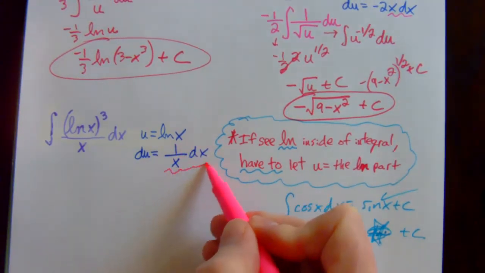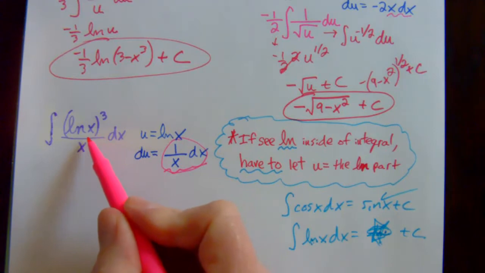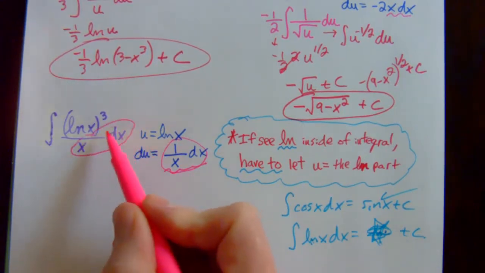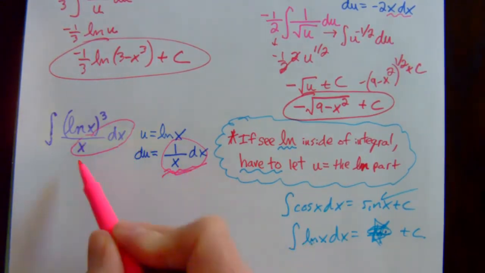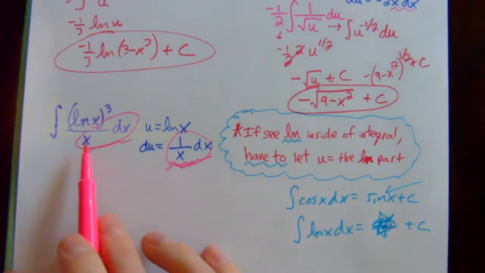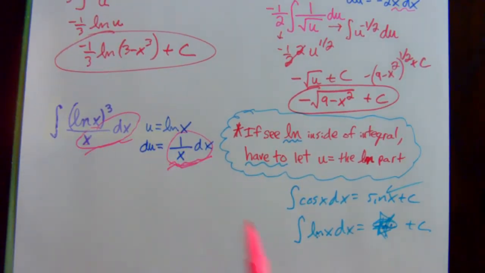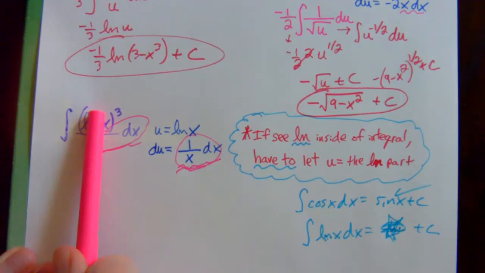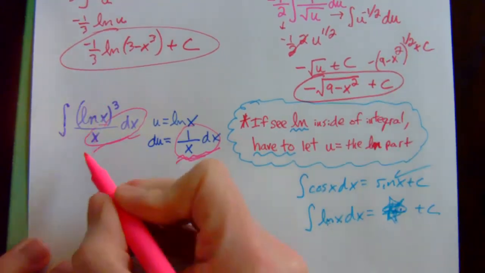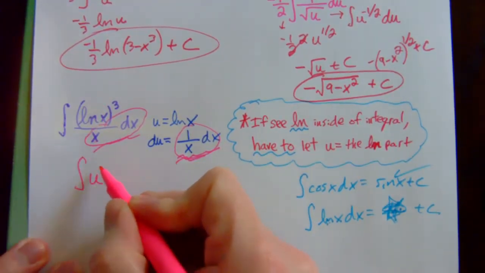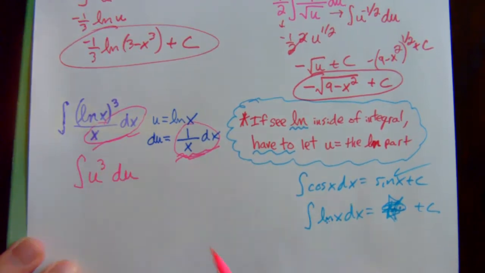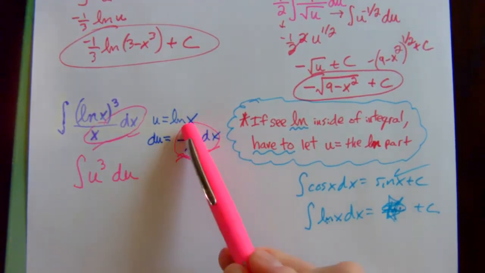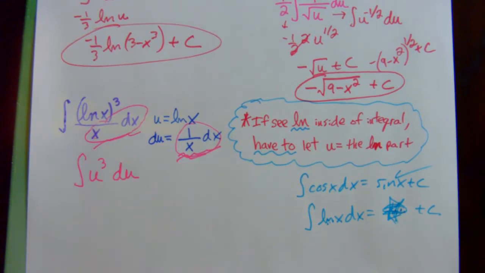I have a 1 over x dx, and then right here, since that x is on the bottom, that's like my 1 over x dx. So that's like the squiggles part of the problem. There's no extra number, so nothing to balance, and then my u is equal to the inside of that parenthesis. So instead of having the ln of x cubed, then I just have u cubed du, and that's why we just let it equal the inside the parentheses, just the ln part, because if I know how to integrate u cubed, that's just an easy integral there.